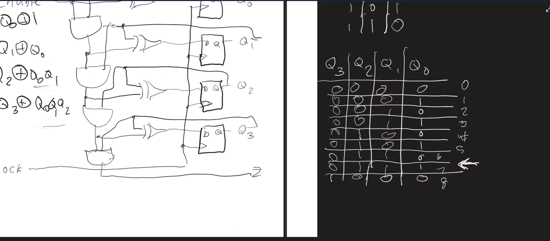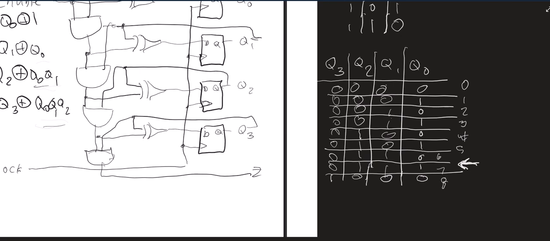If we look at 3, we have zeros in Q2 until we get to 3, and in 3 we've filled up Q1 and Q0. Those are both 1s. That's when we want to change Q2 to 1. So that's why we have these ANDs here, because we don't want to change the next significant digit until everything before it is a 1. And when everything before it is a 1, that's when we want to change our next digit to a 1.